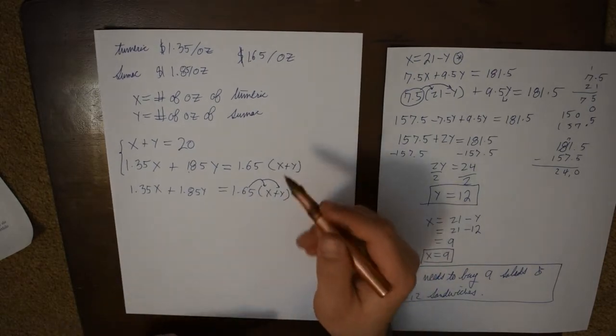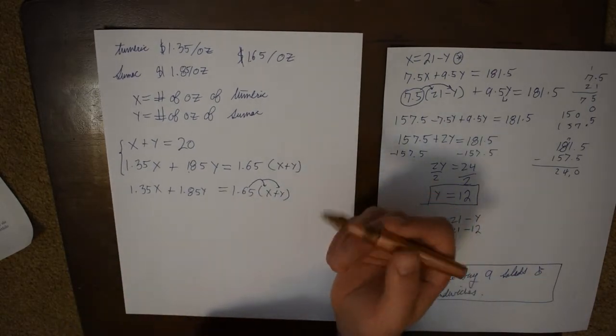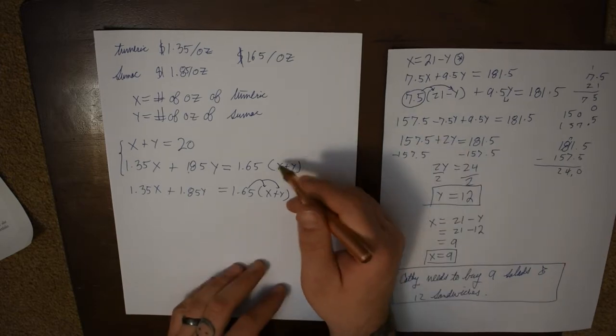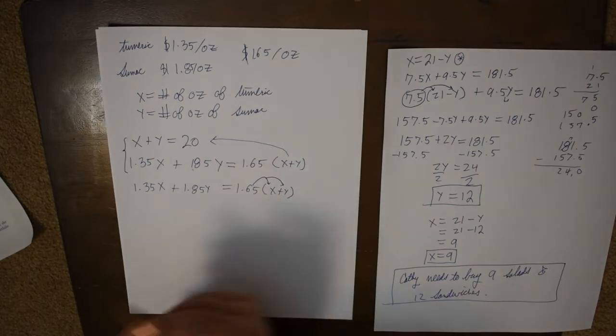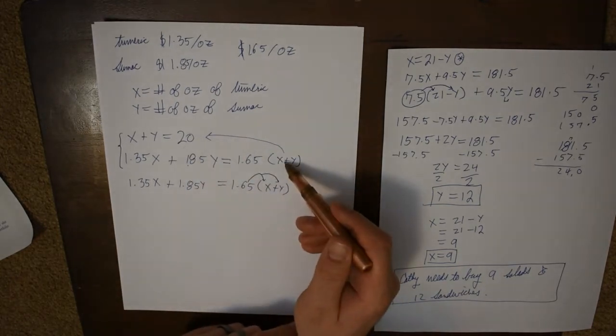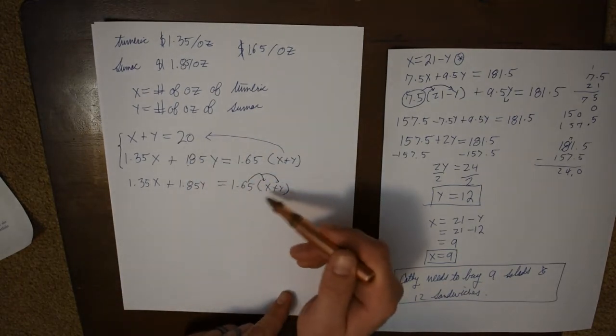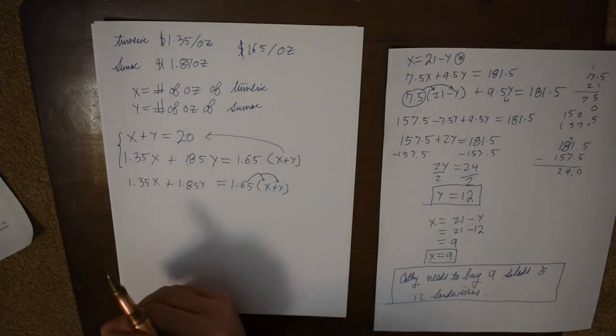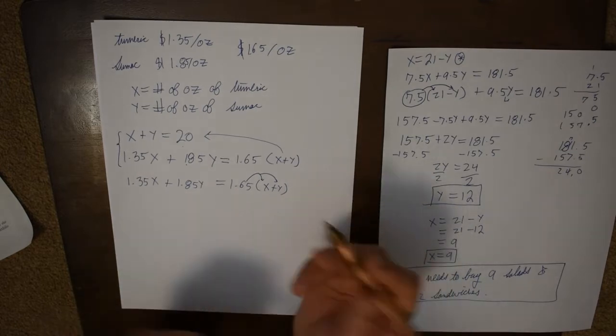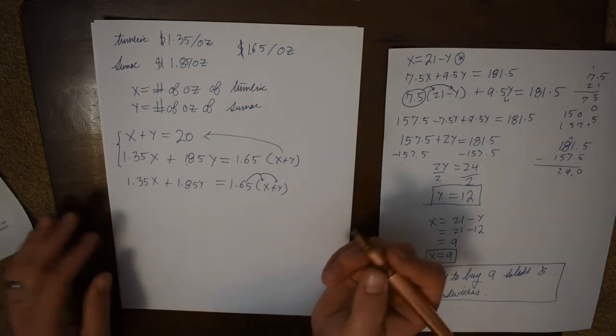What we could also do, and I'm not going to go about it this way, but you could, we know what x plus y is. x plus y is 20. So we could directly plug in 20 here and then just get a number on the right hand side. Definitely a good approach to this problem. I'm going about it a different way. More than one way to solve a problem.